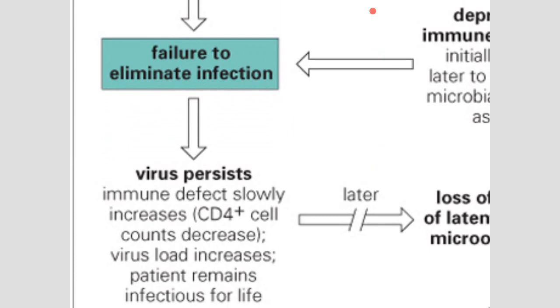But what happens is, since the HIV virus infects all cells expressing CD4, and that includes 4 types of cells: monocytes, macrophages, dendritic cells, what will be the outcome if these cells are killed? If all those cells expressing CD4 receptors are eliminated or killed by a virus, what will be the outcome for that?